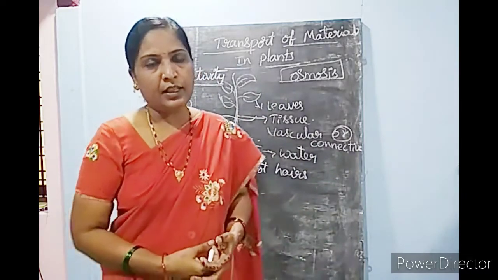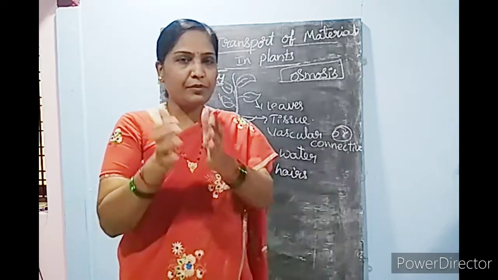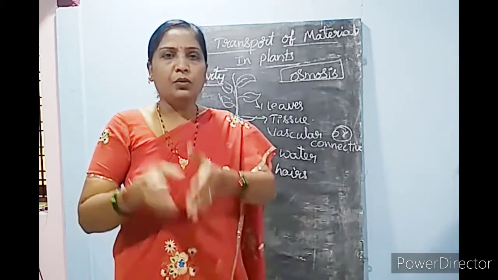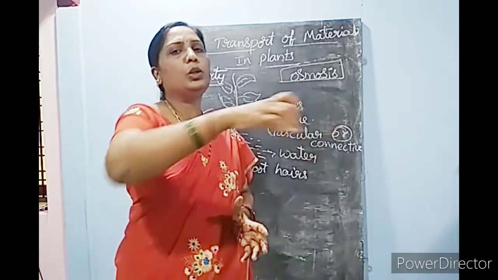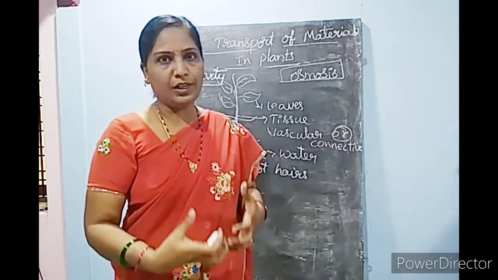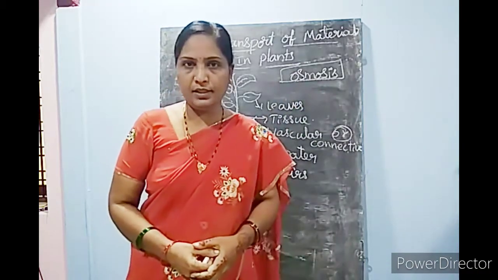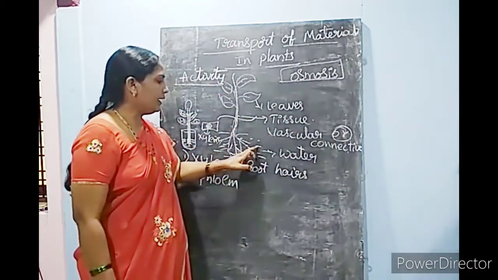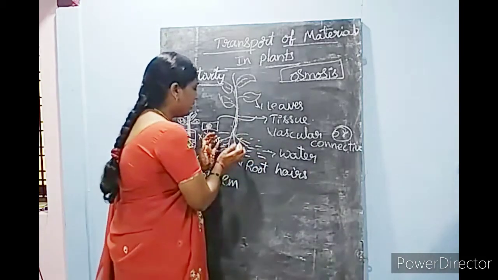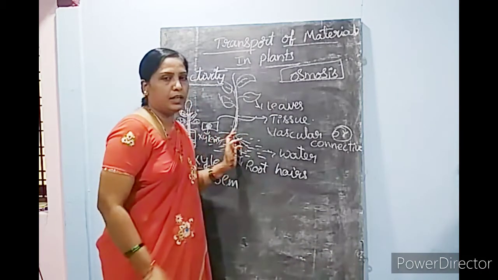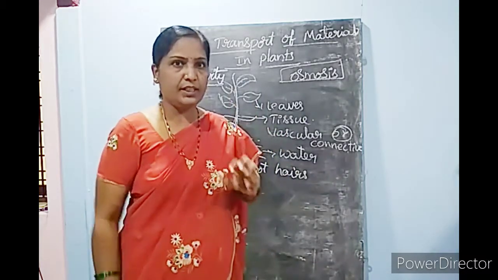Osmosis means that water molecules move from the region of higher concentration of water molecules to the area where the water molecule concentration is low. That process is called osmosis. Around the plant in the soil, the water molecules are more, so they will move inside the roots where the water molecule concentration is less.